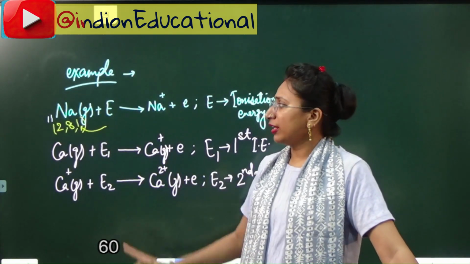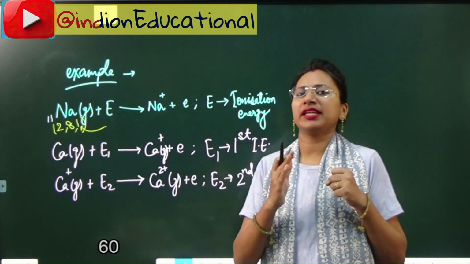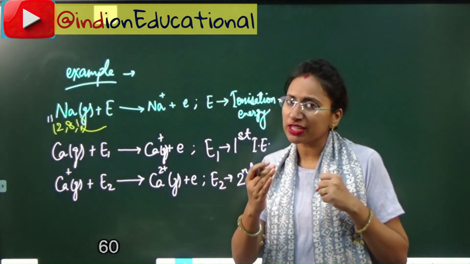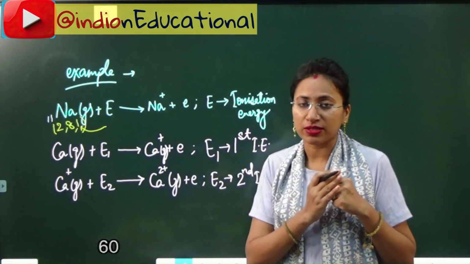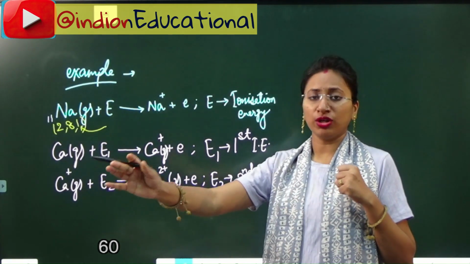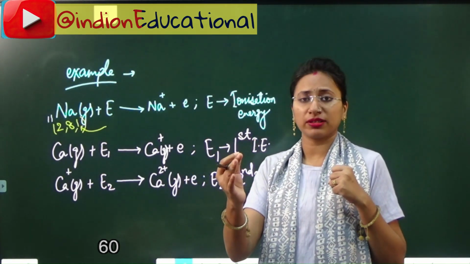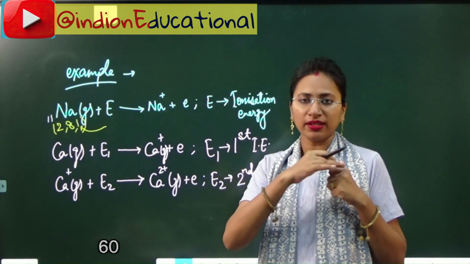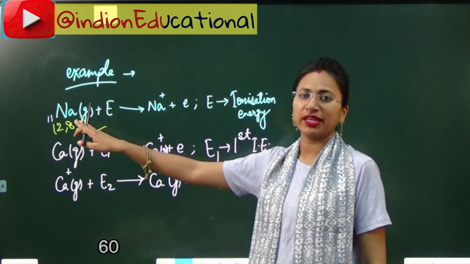In order to remove the last electron, we need to provide some energy, because this last electron also feels a force of attraction from the nucleus. If you want to remove that electron, you have to break that force of attraction between the last electron and the nucleus. So you have to provide some energy.